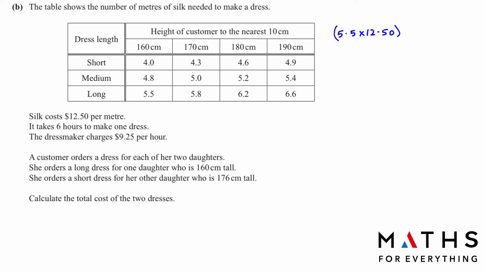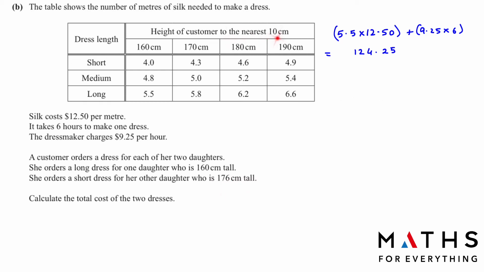This is the cost of the material. The stitching charges will be 9.25 into 6 hours. This will give us 124.25.